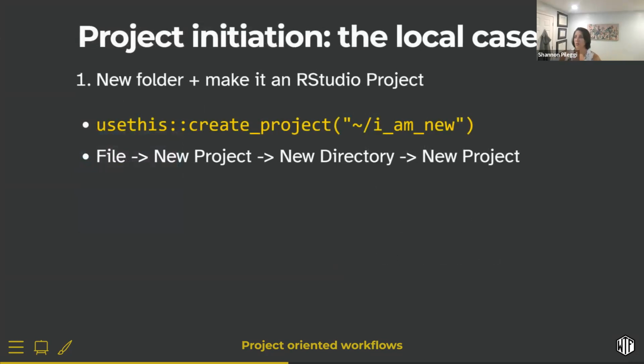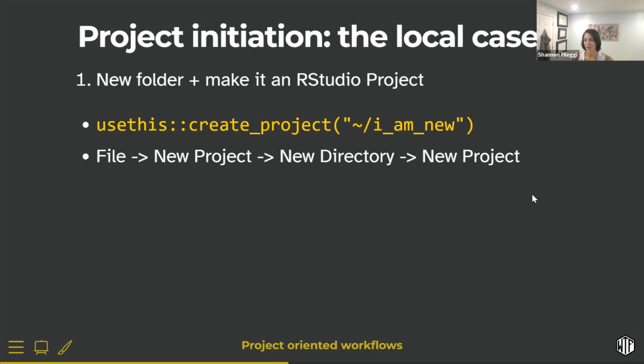And there's two different ways you might be going about making a project. You might have a new folder that you want to make into an RStudio project. So you're just creating a new directory and a new project at the same time. So you're going to use this, create project, and then call it whatever you want.